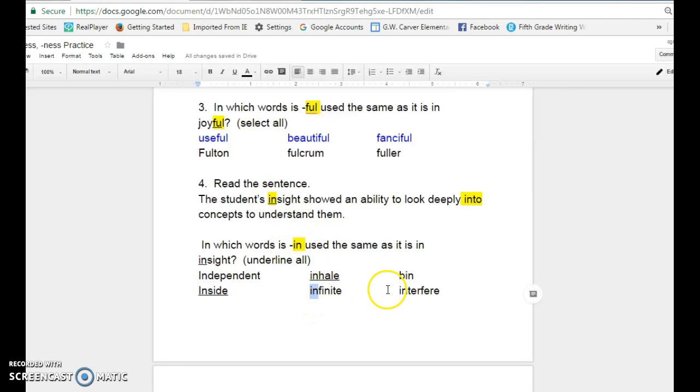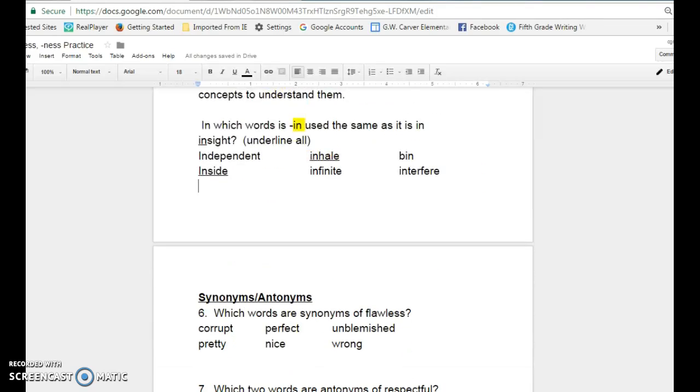It means not there. Interfere. Here, you know what it means to interfere. That's actually the root enter, which is going back and forth or between. It is not being used the same as insight because it doesn't mean in. So the correct answers were inhale and inside. That was a very tricky one.